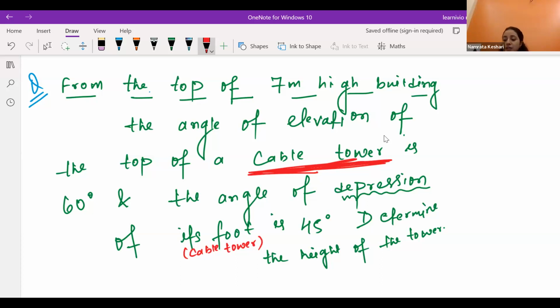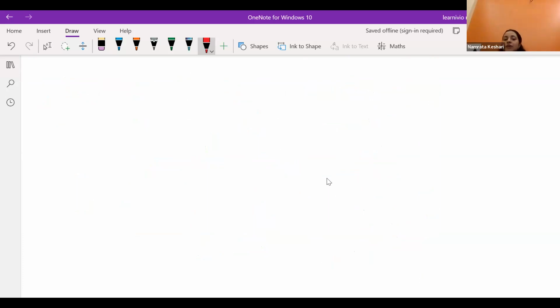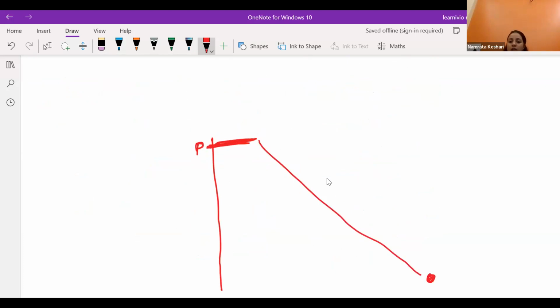Now let's first discuss what the angle of depression is. Whenever, suppose this is a building and you are sitting over here on this floor, maybe on the roof, maybe this is a point P, and you are looking down at something on the ground, another point on the ground, that time we'll get the angle of depression.